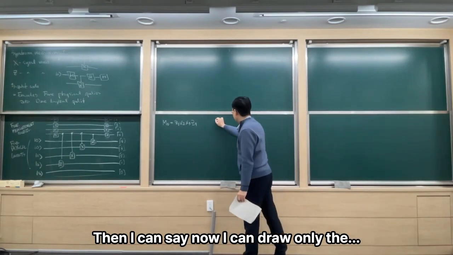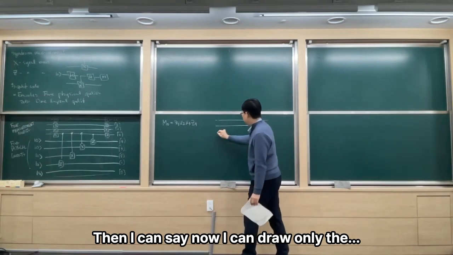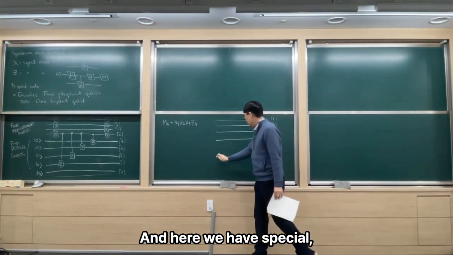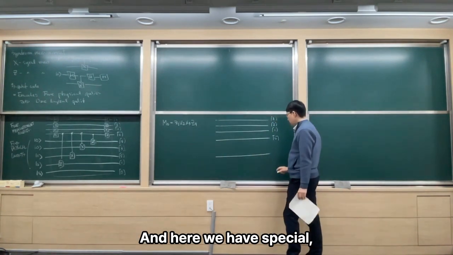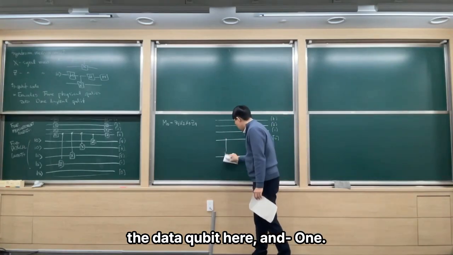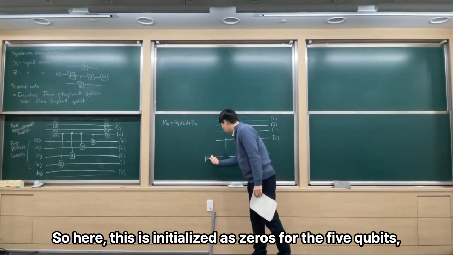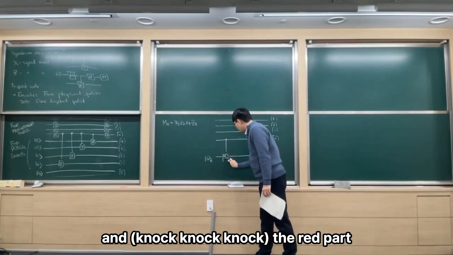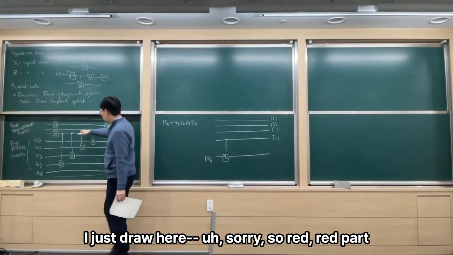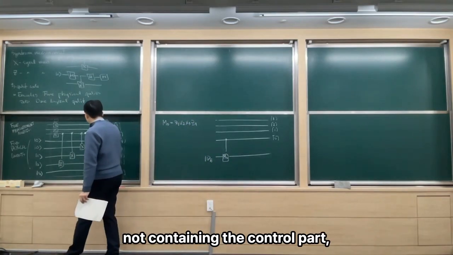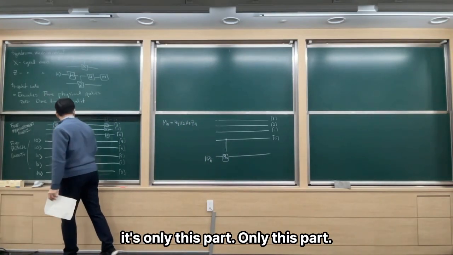Now I can draw only the 4 measurement qubits, 0, 1, 2, 3, and here we have the special physical qubits, the data qubits, which are initialized as zeros for the 5 qubits, and the red part I just draw here. Sorry, the red part is actually not containing the control part. It's only this part.